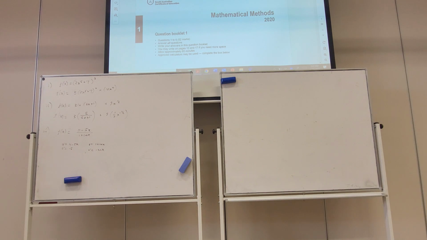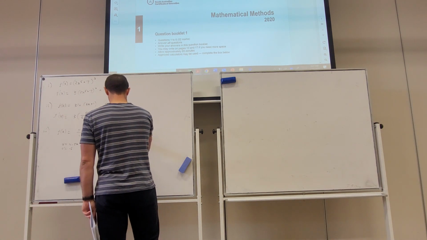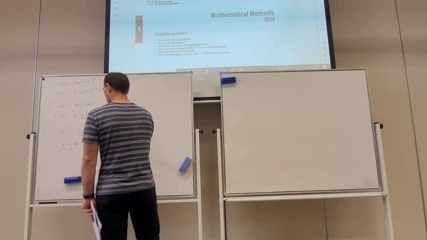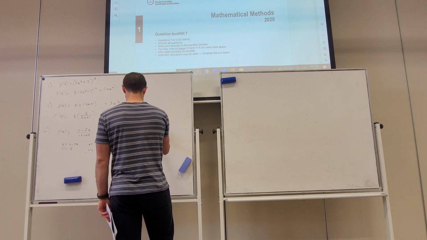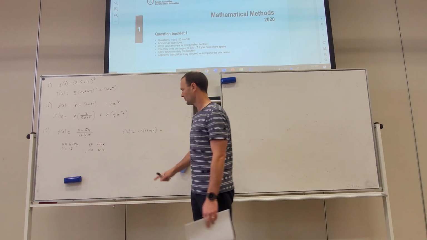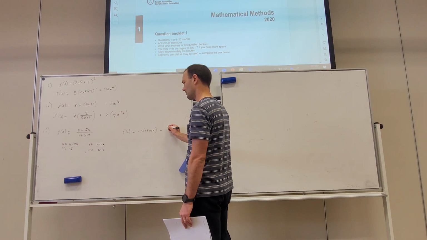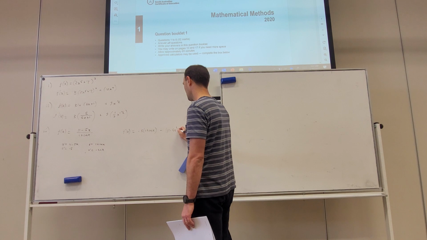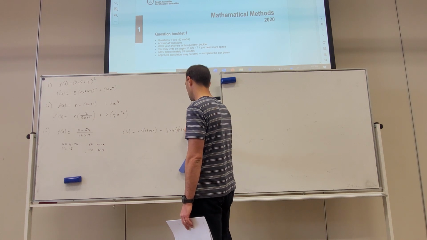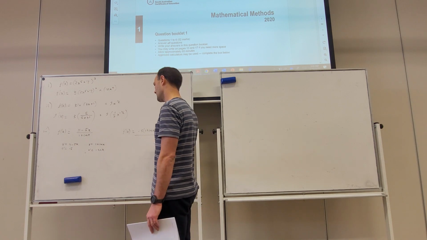So quotient rule, u dash v, take away uv dash on top of v squared. So I've got u dash v, take away, and then I'm just going to put here u, 11 take 5x, and then v dash minus sine x, all on top of v squared.